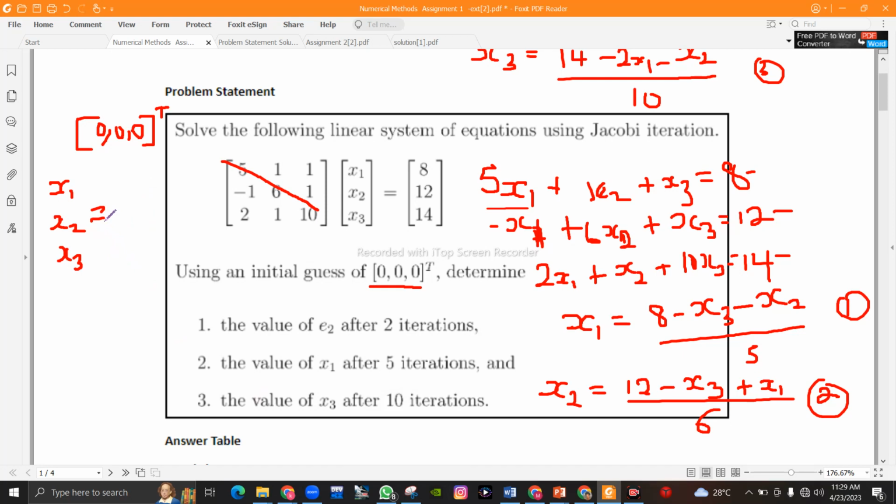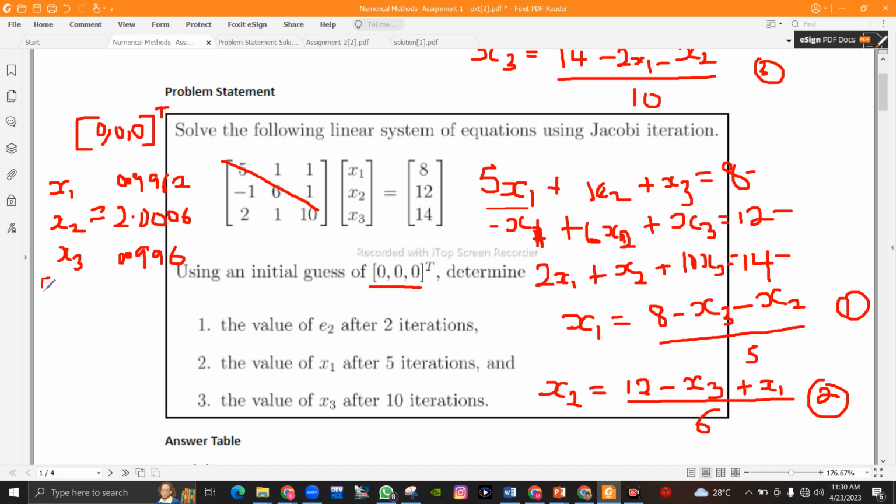Our new x1 is 0.9962, and our new x2 is 2.0006, and our new x3 is 0.996. So we solve this for our fifth iteration now.